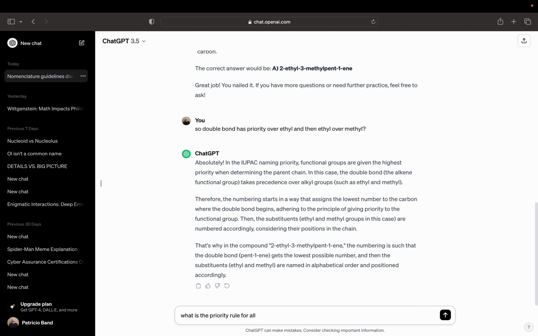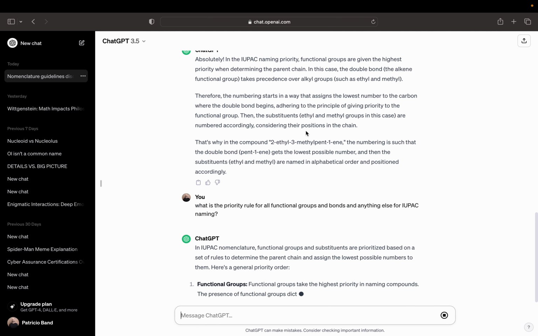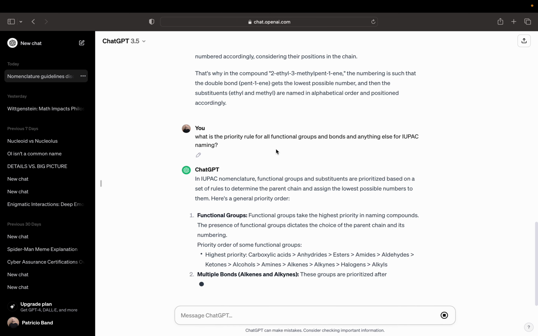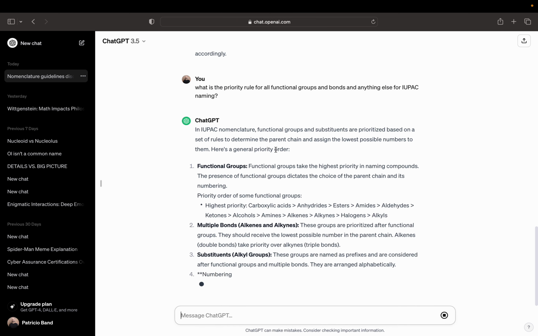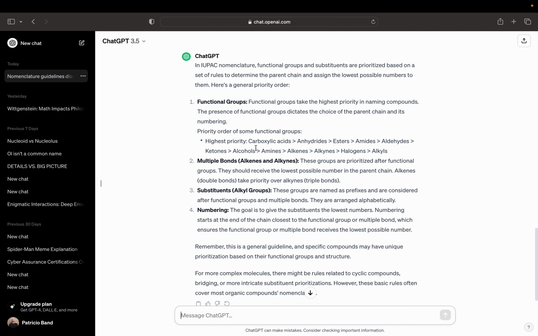This applies for all functional groups and bonds and anything else for IUPAC naming. So we have here, from the lowest, alkyls, so ethyl, methyl, whatever.